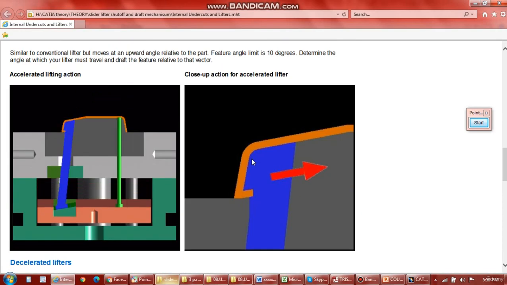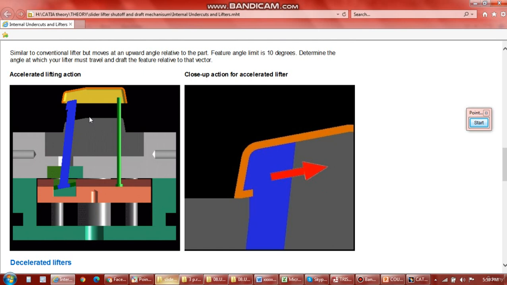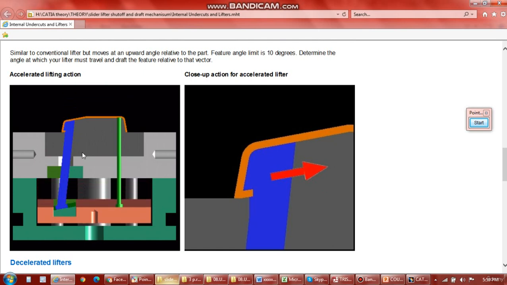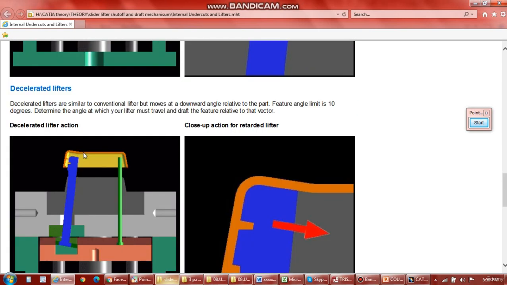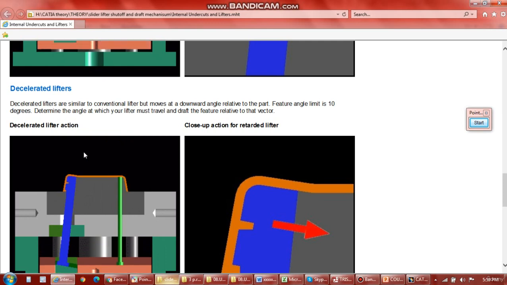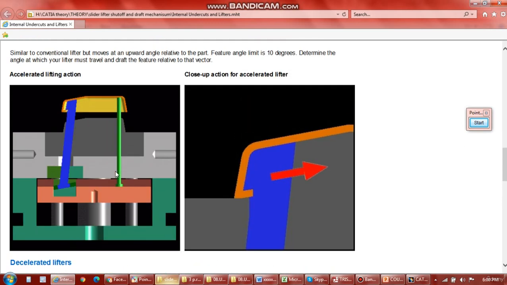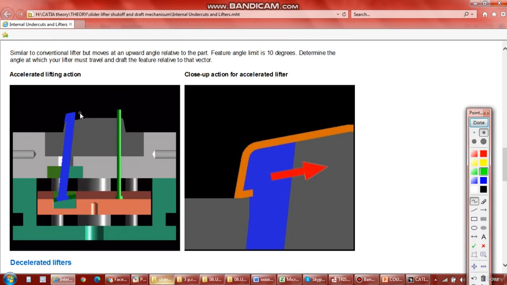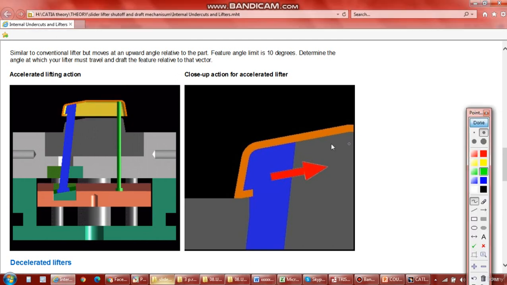You can see here again. What is the difference between this and this? See, the lifter is moving this side, because in the other case the part is like this.